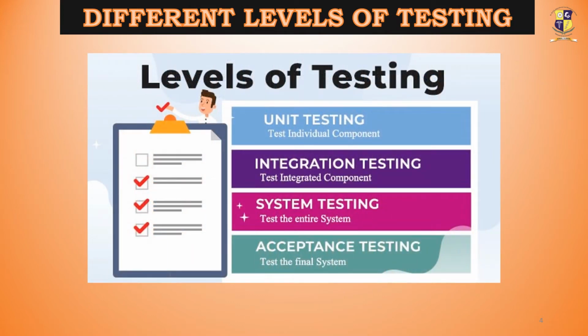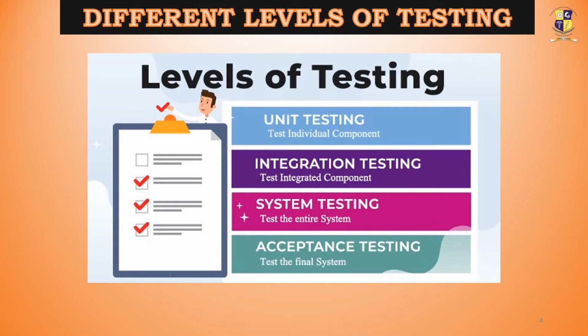These are the different levels of software testing. The first one is unit testing, then integration, then system, and then acceptance. To start with, unit testing is where you test the individual components, or individual modules. When you are building software, it comprises different components or modules. Take for example that you might have 3 or 4 modules.